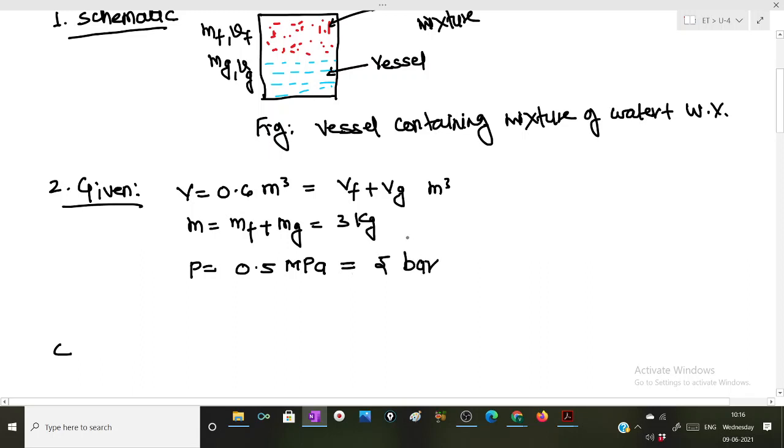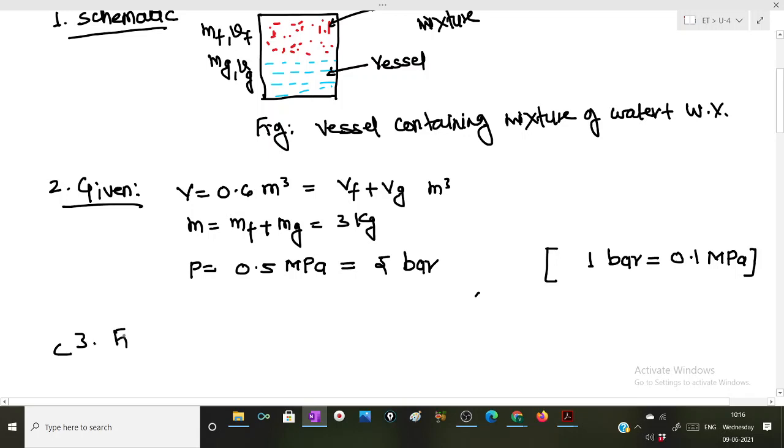Now mind well, whenever you are using steam table, always consider pressure in bar, because in the steam table of Mathur Mehta and R.S. Kurmi, the value of pressure is given in bar. And how did I convert megapascal into bar? Because 1 bar is equal to 0.1 megapascal. So these are the values given to us.